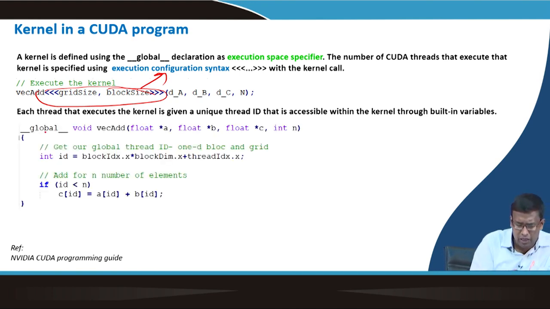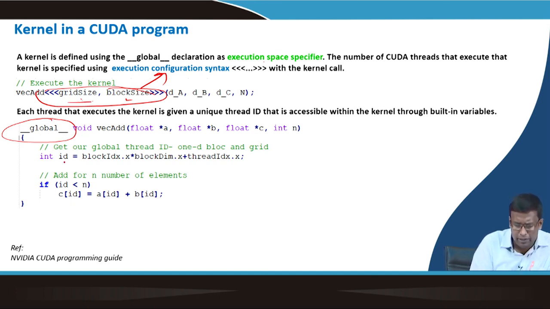So when we call the kernel, it is identified by the execution space specifier. The execution configuration syntax is specified with the kernel call. The execution space specifier is specified at the beginning of the kernel function. Once we look into the kernel function, it knows the number of threads in a block and the number of blocks in a grid, so it knows the total number of threads.